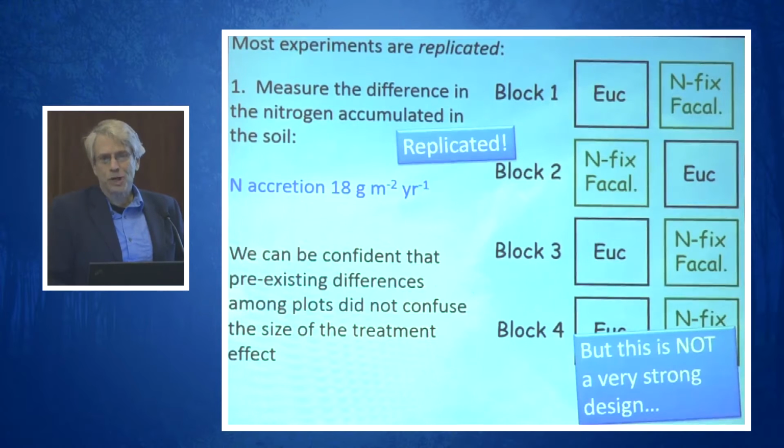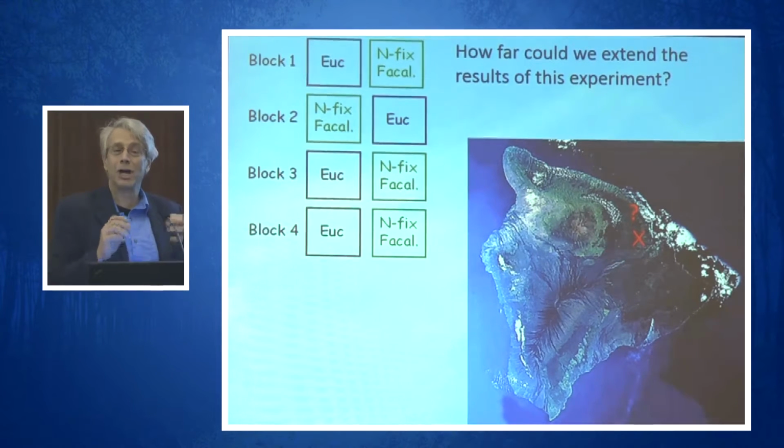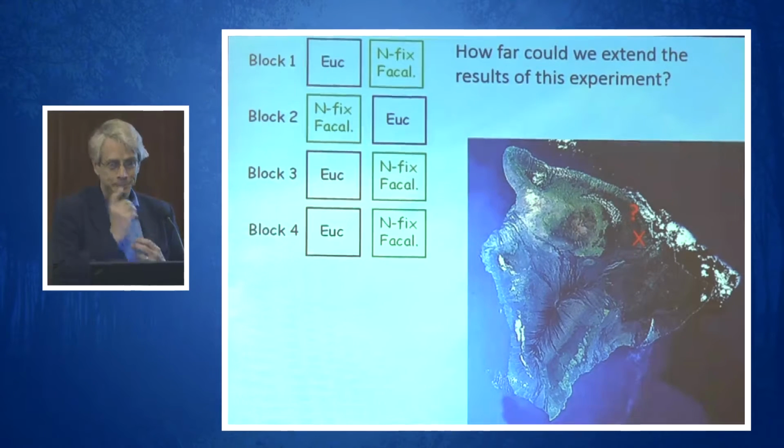And it's not so strong because, again, we have to come back to this population of inference. So how far could we take the results of this experiment statistically and apply it somewhere else? We did this study at this one location on the island of Hawaii, but could we go 20 kilometers away and have confidence that this nitrogen fixing tree would increase soil nitrogen by 18 grams per square meter per year?